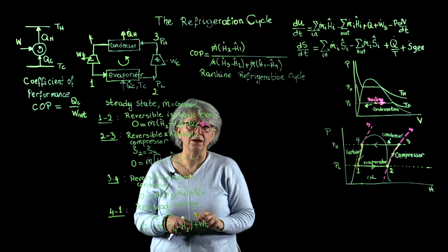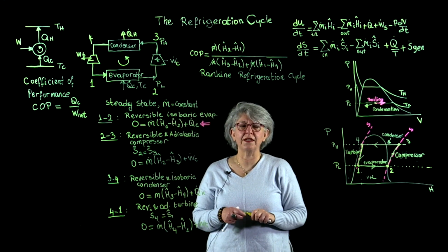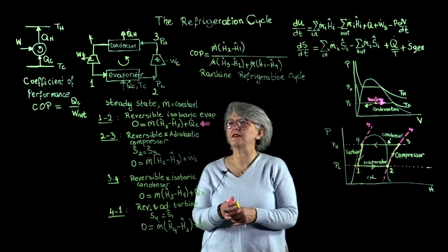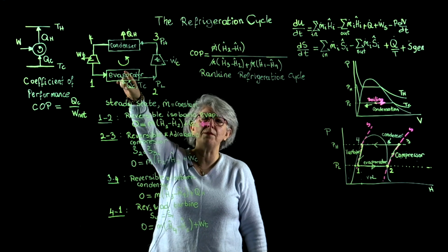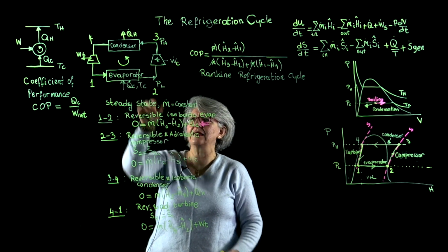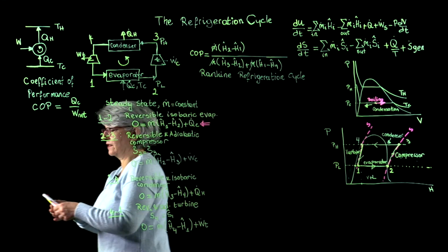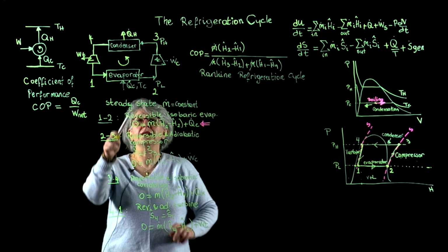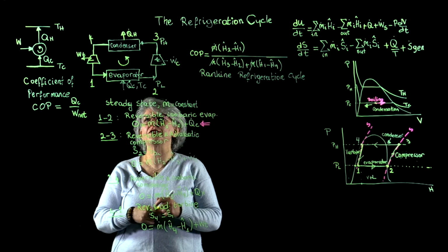All right. Those cycles are the ones that you would find in your own refrigerator. In your own refrigerator, the evaporator is in the freezer. All right. So this is the freezer domain of your refrigerator. This is the freezer of your refrigerator.